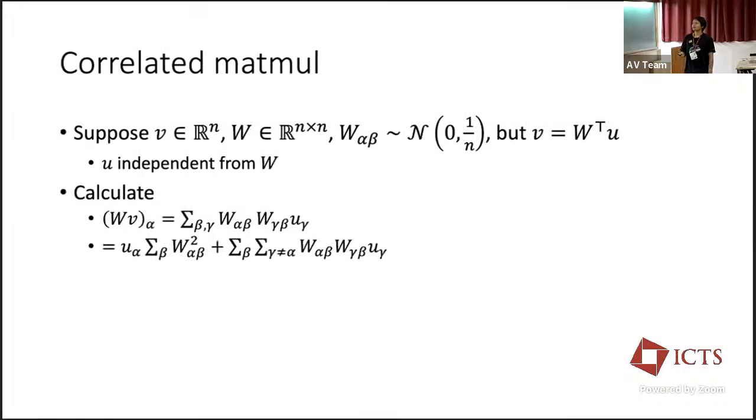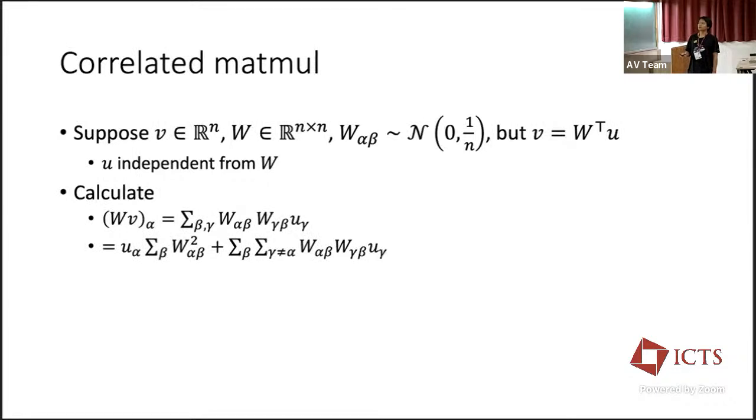In the next step, what you want to observe is that when gamma equals alpha, there's correlation that occurs between W alpha beta and W gamma beta. So you want to separate this out. On the left, we're going to separate out the part of the sum where gamma is equal to alpha.